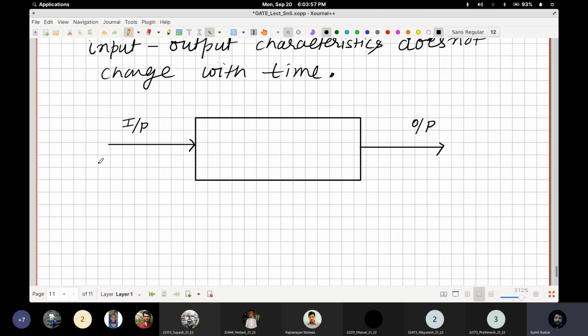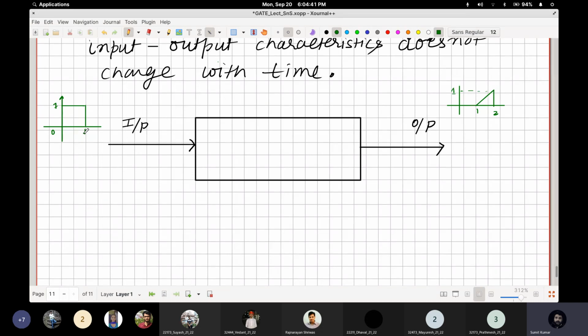Let's say the input is this rectangle from 0 to 1, with value 1, and because of that you are getting an output that is delayed a bit, from 1 to 2, and this value is again 1.